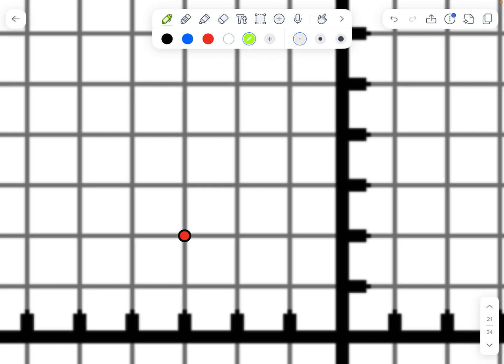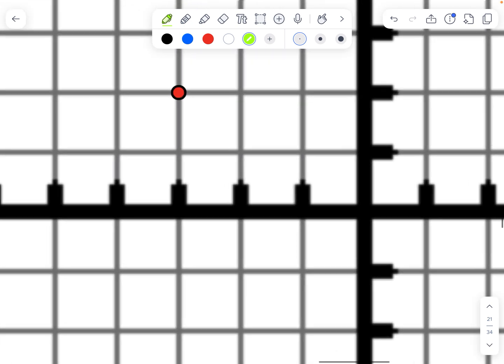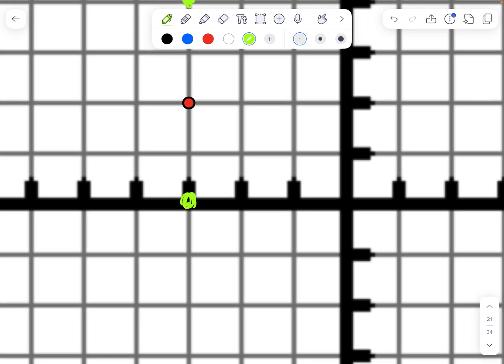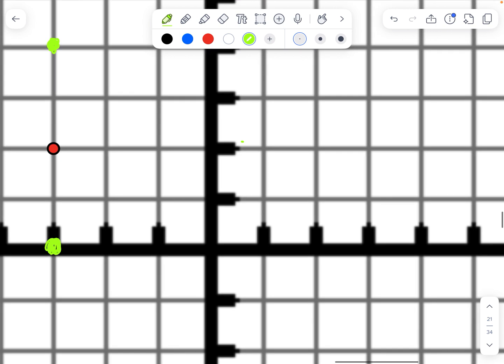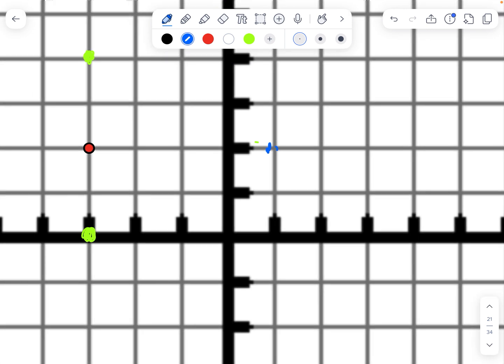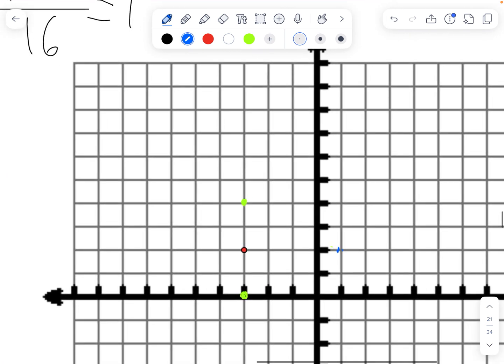Okay, now we have to plot the vertices. One's there, another one's here. Sorry, this is -2, 3, so move everything.